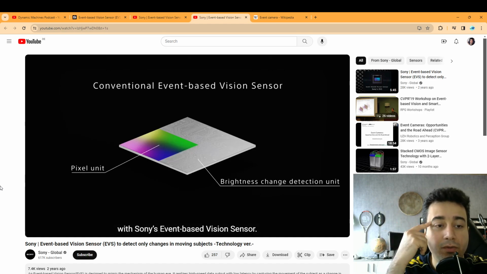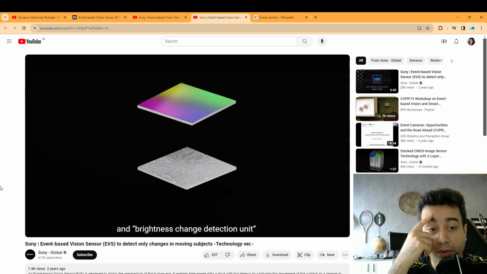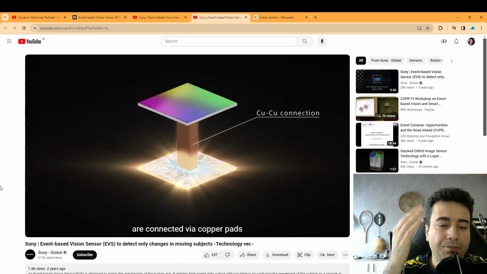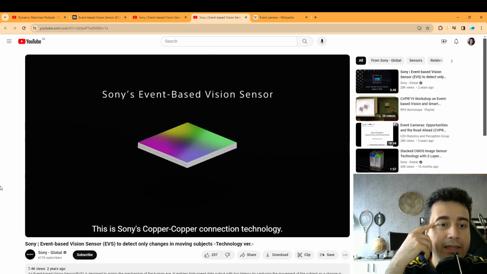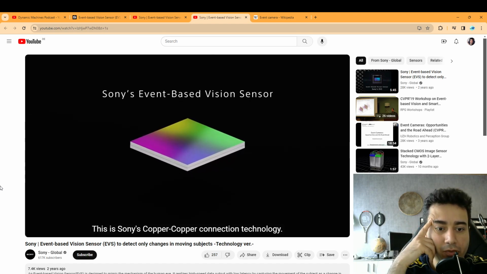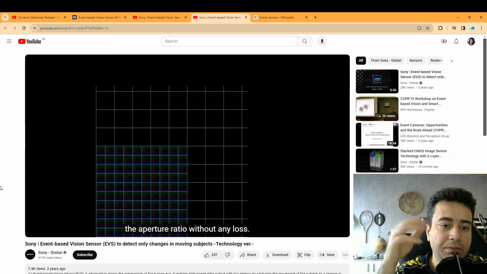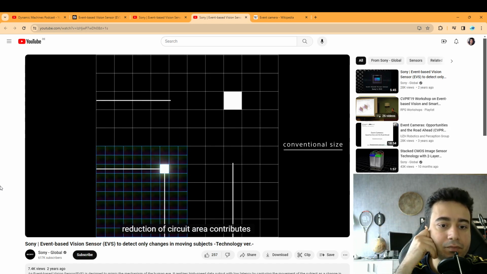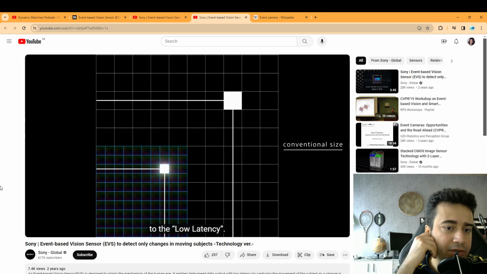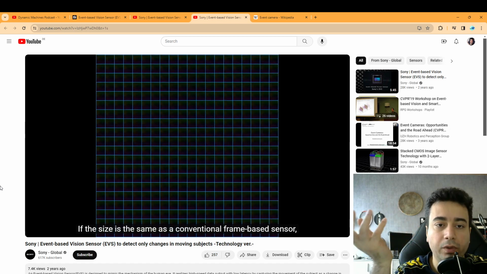I also talked about this chip technology that they have integrated to make it compact, with the processing units parallel to the detection unit, everything integrated much more compactly using copper technology. It makes it possible to increase the aperture ratio to the entire sensor without loss, reduce the circuit, and achieve lower latency.